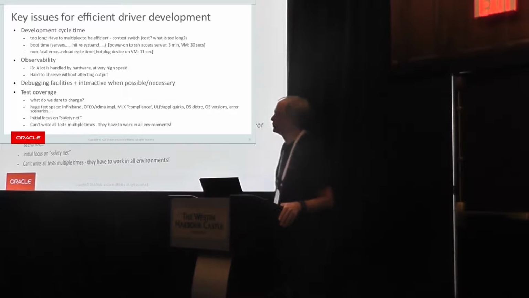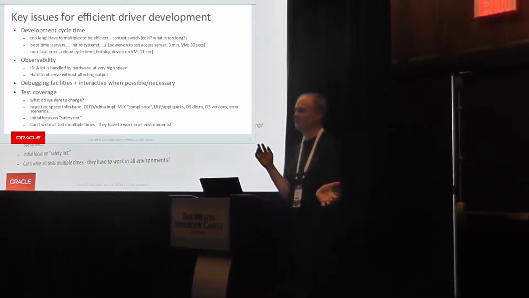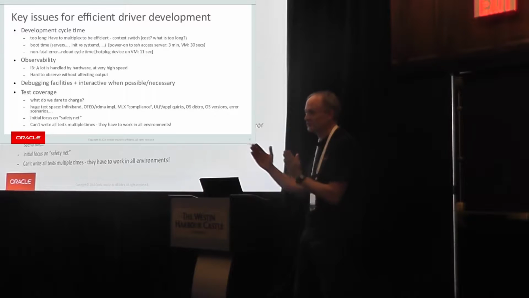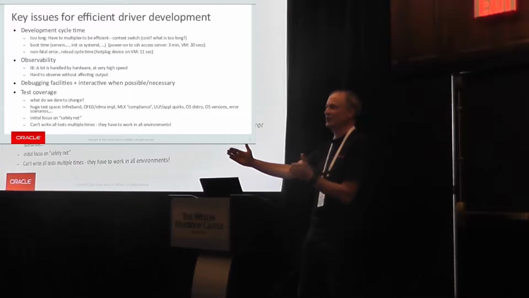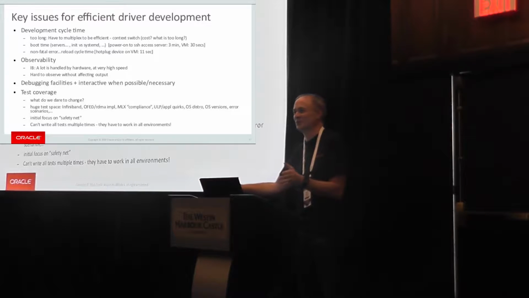This goes down to about 11 seconds, which is really good. If you think about development cycle time, for me, the threshold is when the time is long enough that you need to make a context switch and do something useful in between.